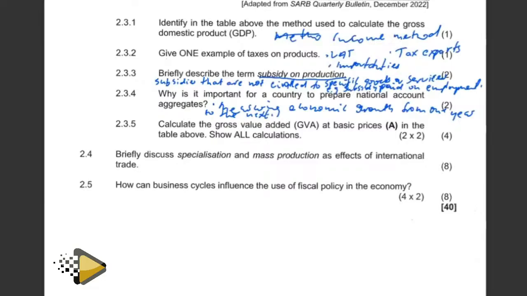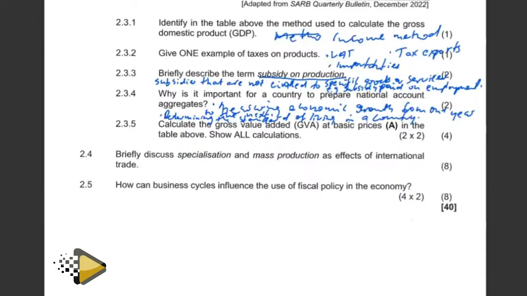And also, it means that we have determining the standard of living in a country.